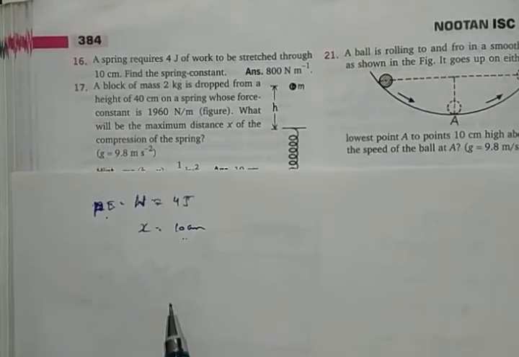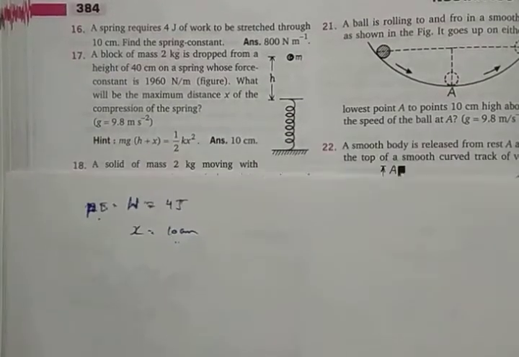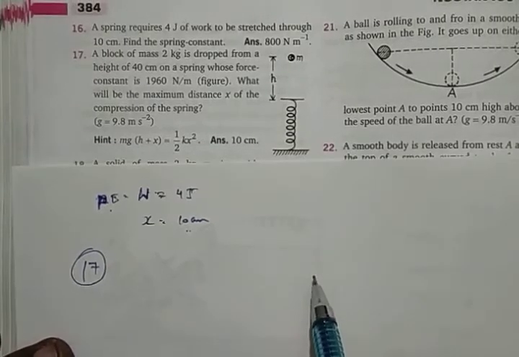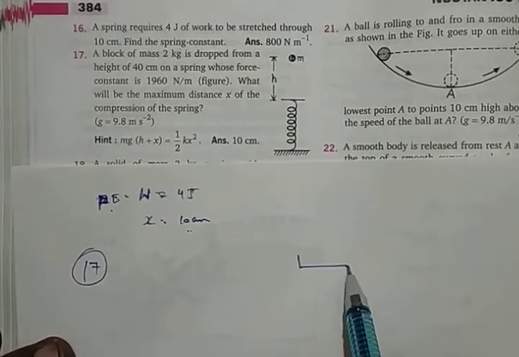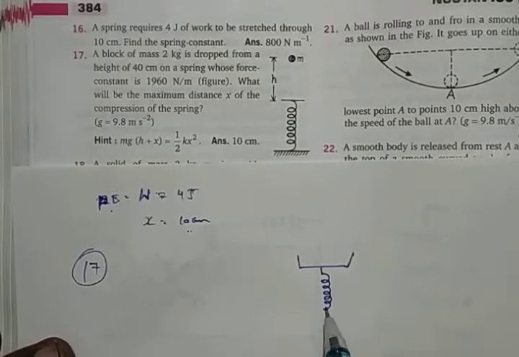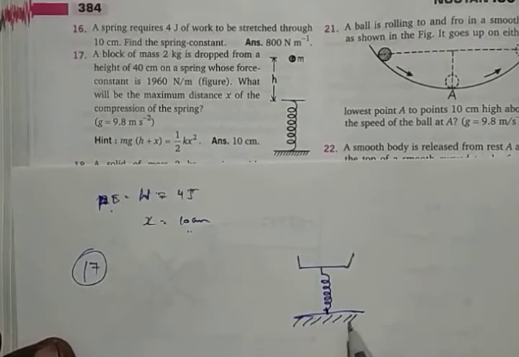Question number 17. 17 is quite an interesting question. Please take a look properly. Draw this diagram. So there is a pan here and there is a spring here, which is attached here to the support.